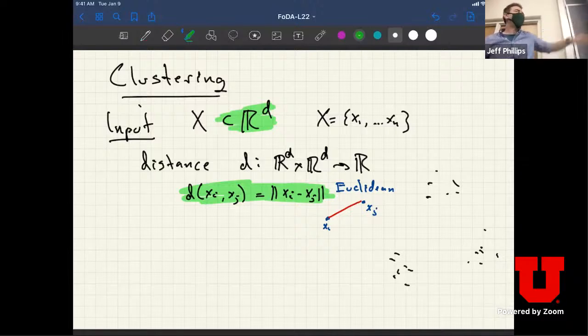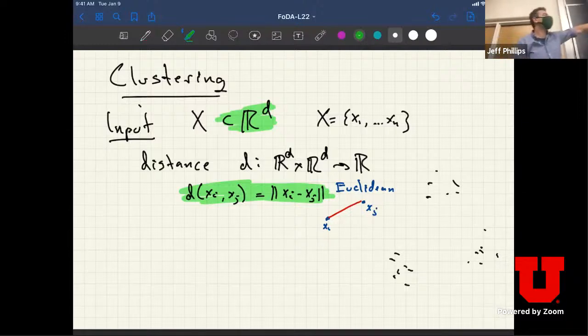So it could be that you have a bunch of people on Facebook, and they have attributes to them. Some of those are defined by the graph. Other things are defined by what images they've uploaded, so some sort of properties. And as long as I can define some distance which says how similar things are, I can think about clustering these objects.